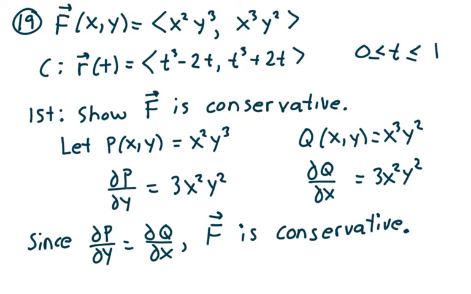I let P of x, y equal the first component, x squared y cubed, and Q of x, y equal the second component, x cubed y squared. The partial of P with respect to y is 3x squared y squared; remember, x is constant. The partial of Q with respect to x is 3x squared y squared; in this case, y is constant. Since the partial of P with respect to y is the same as the partial of Q with respect to x, F is conservative.